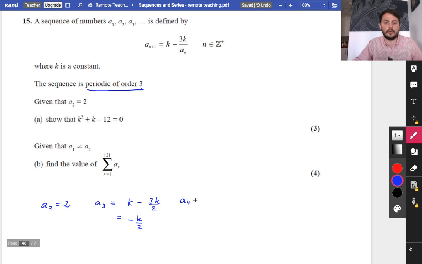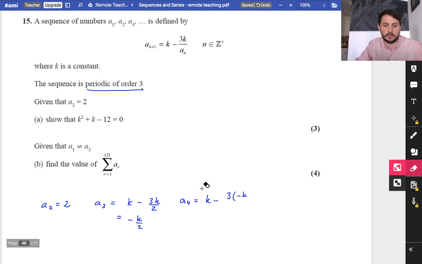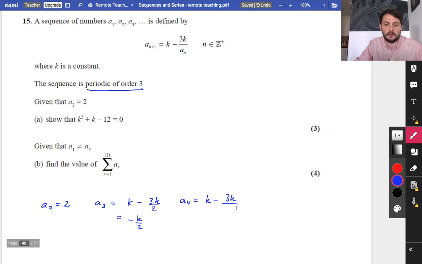And A4 is going to be equal to k minus 3k over the previous one, which is minus k over 2. So the k's are going to cancel for that bit that we've got here, as are the negatives. So it becomes k plus 3 over 2.